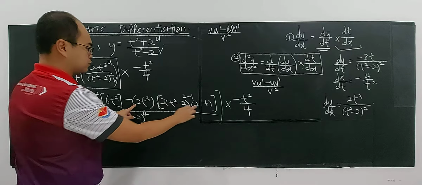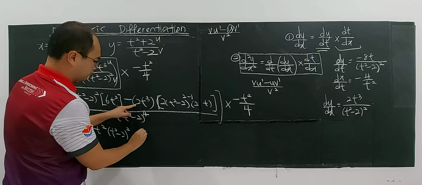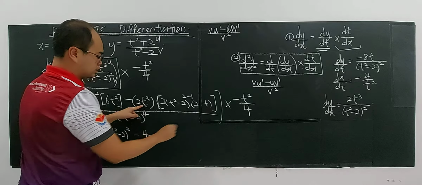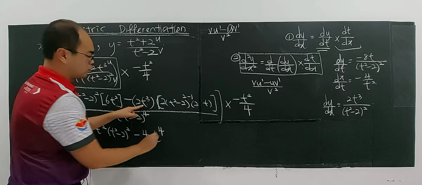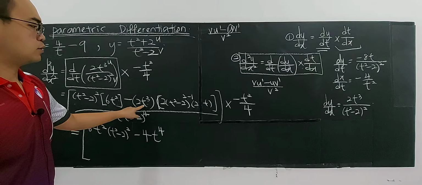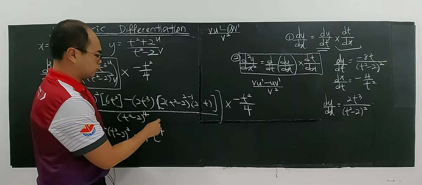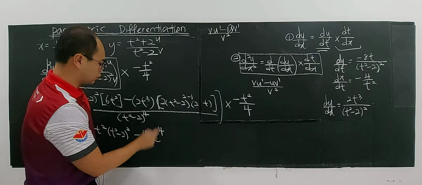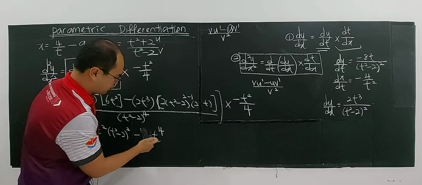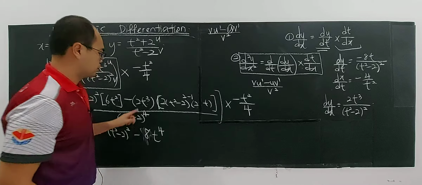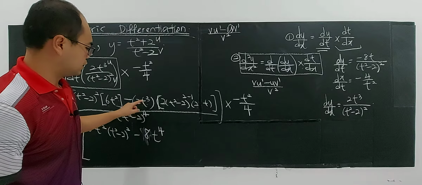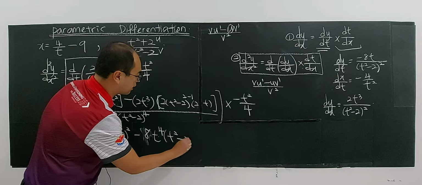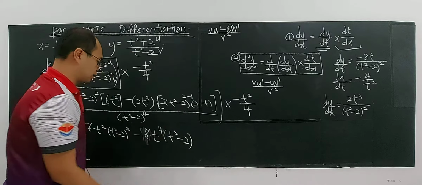So 2 times 2, you have 4. T cubed multiply t, you have t to the power of 4. Then you have 2 times 2 times 2, you have 8, with t cubed and t to the power of 4, and you have remaining one more t square minus 2 to the power 1.